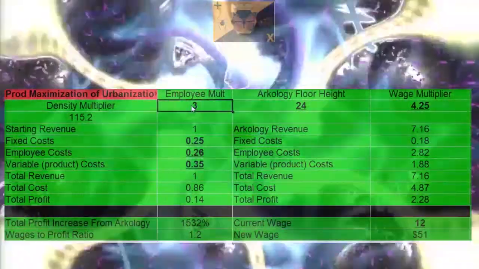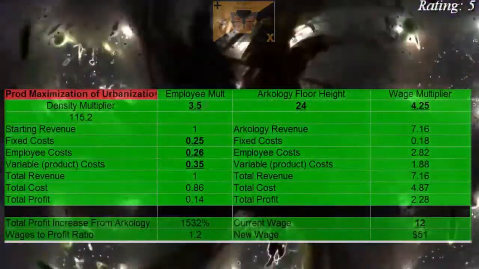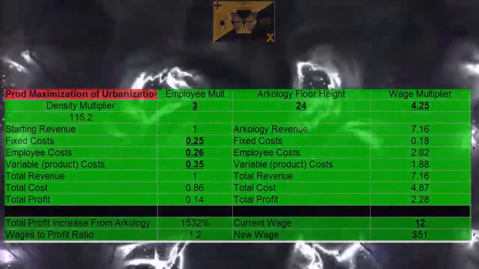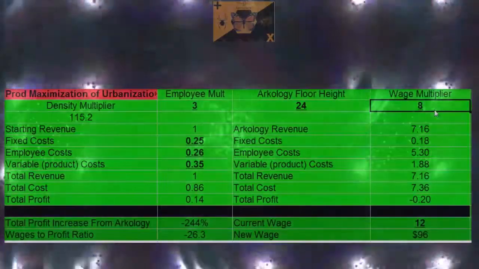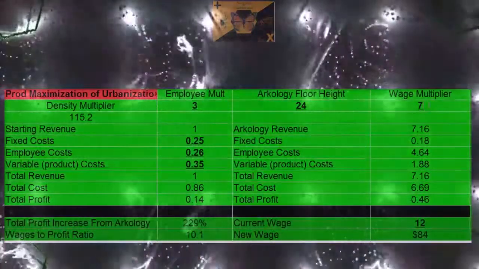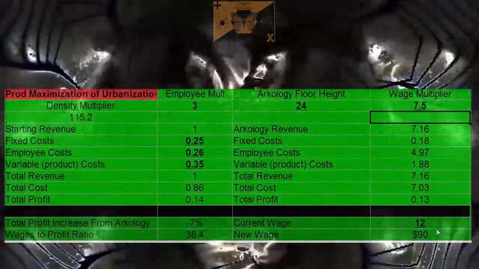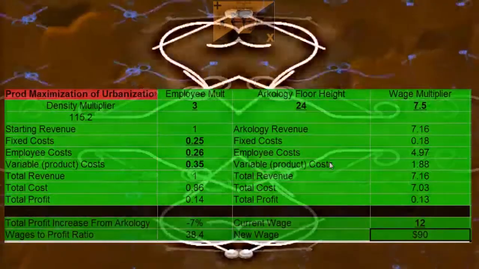Even with 3 times the employees, let's say 3 times 5. Or no, we'll say 4 because you don't want to get... We can stick it at 3. Why not? Let's go big here. Oh, no, not quite 8. 7.5. Still only 90. It's at 96 before.